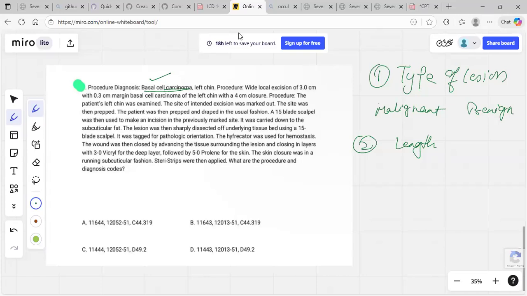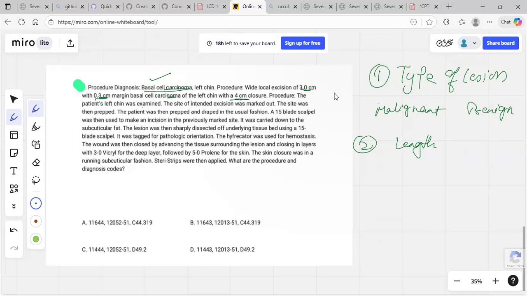Okay, now let's do it. In our question, we have basal cell carcinoma on the left chin. The doctor did a 3 centimeter excision here with 0.3 centimeter margins removal and a total 4 centimeter closure.